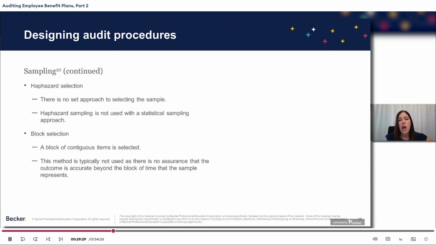Now, the one that's not listed here that I still want to mention is judgmental sampling, and that's because they pulled these 5 from the ISA 530. But another common approach when it comes to sampling is judgmental selection.